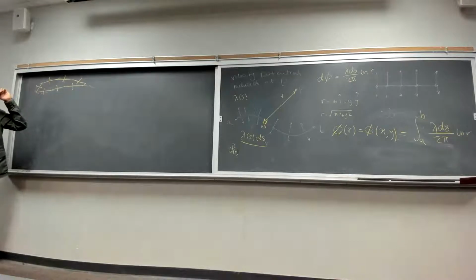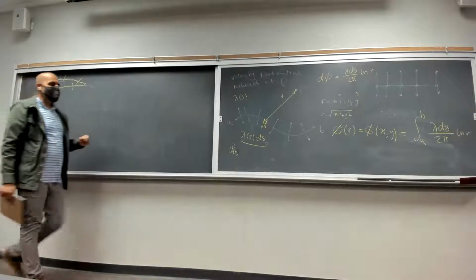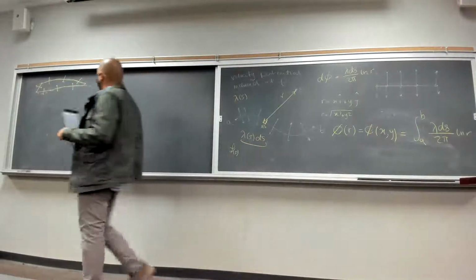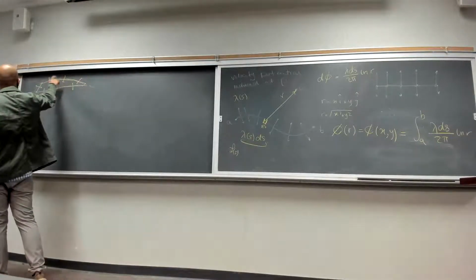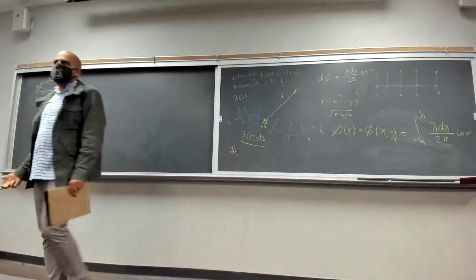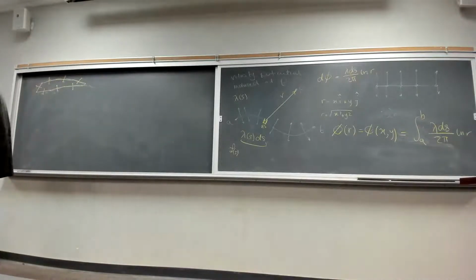So essentially, instead of dealing with an infinite number of line sources, we are only dealing with 1, 2, 3, 4, 5, 6, 7, 8 sources, right? Which is simpler. You're going to lose some accuracy, but it is simpler.